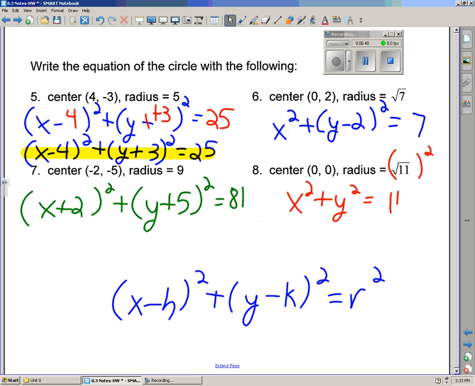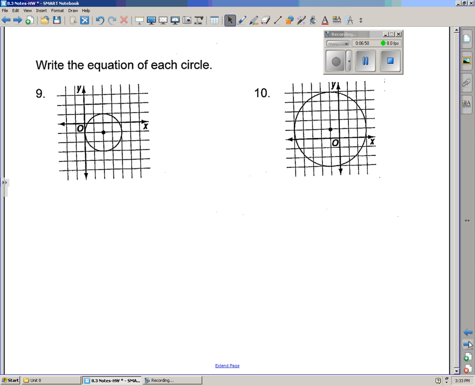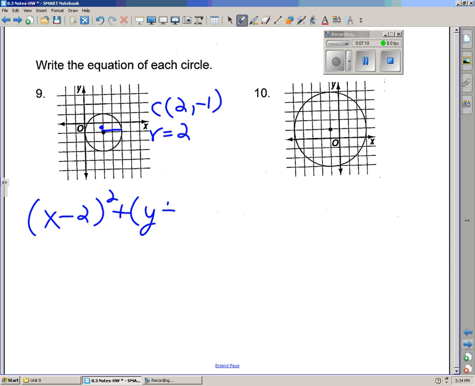Now you should be able to look at a graph, determine the center, determine the radius, and write your equation. So the center of this circle, if I look at my x and y axis, is 2, negative 1. This radius is 2. We're back to what we just did. And the equation of this circle is x minus 2 squared plus y plus 1 squared equals 4.